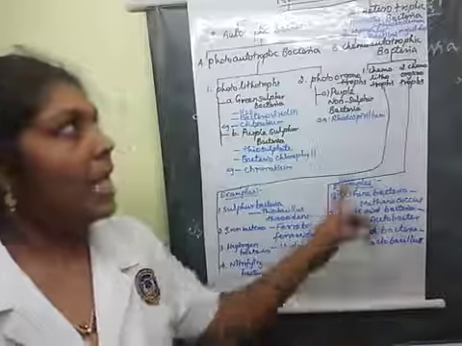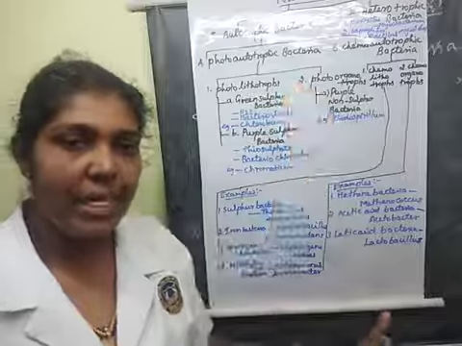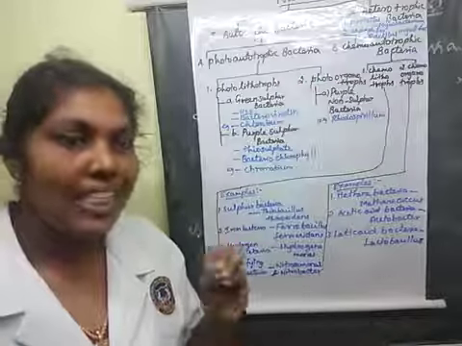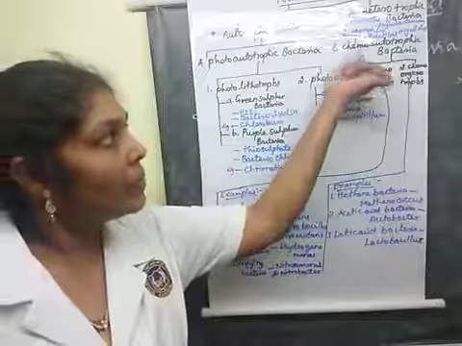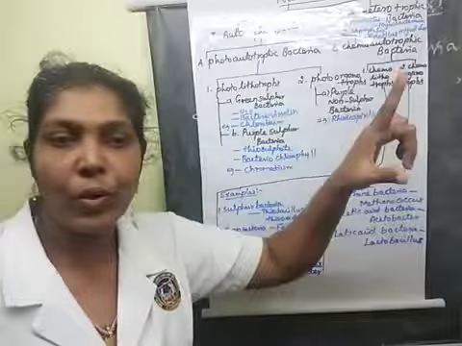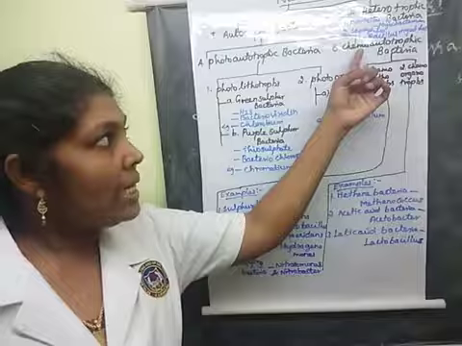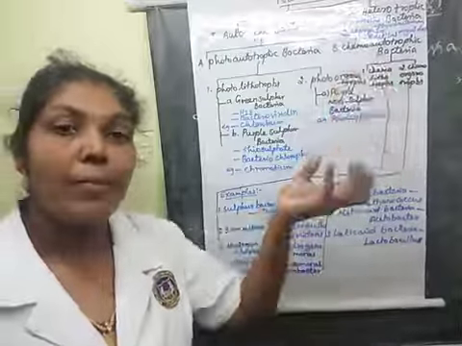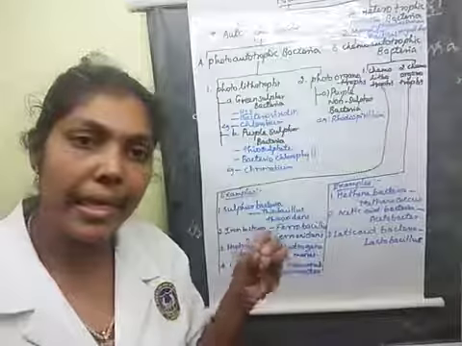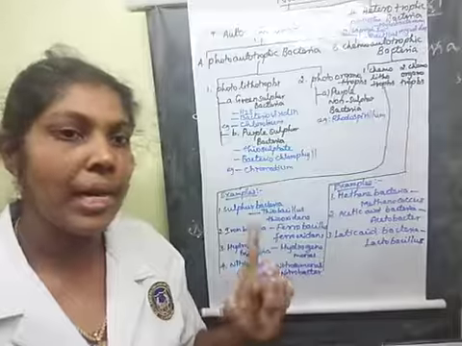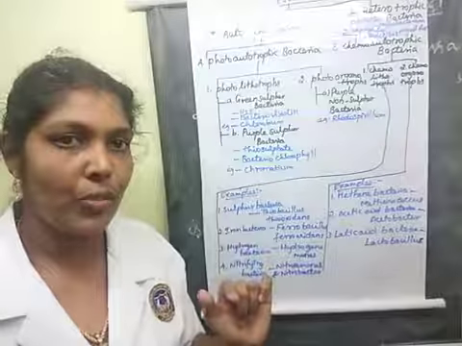Understood, students? Chemoautotrophic bacteria do not have chlorophyll pigments. But they obtain energy from inorganic and organic substances.